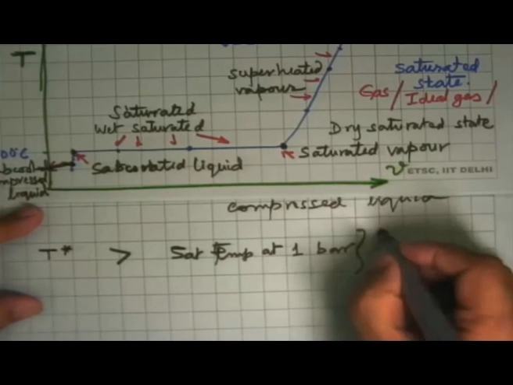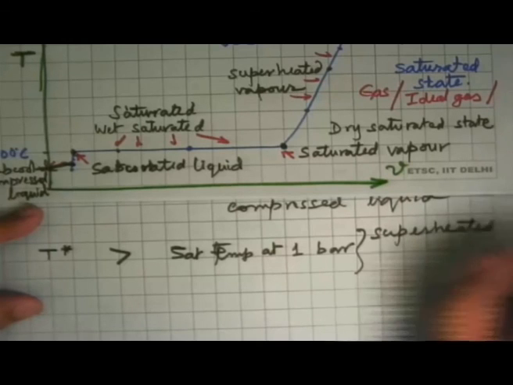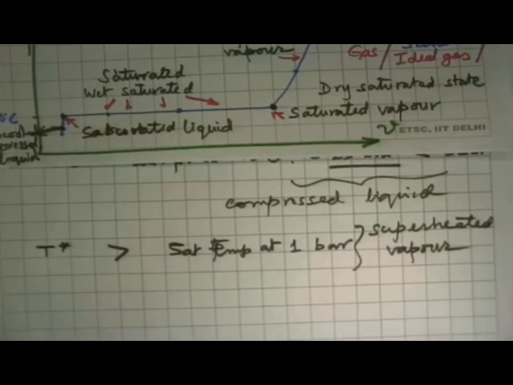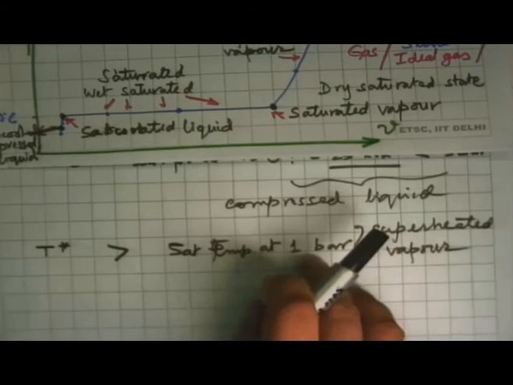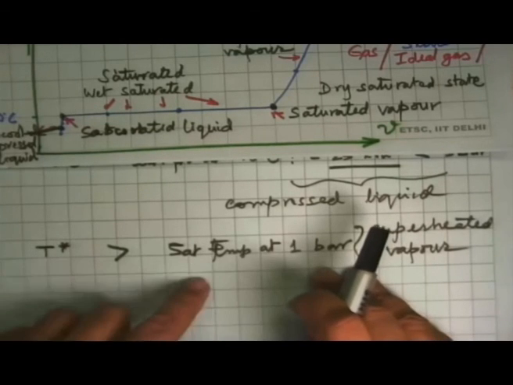This tells us that this is a superheated vapor. So it's a very simple thing that if someone says I have vapor at 1 bar and 200 degrees Celsius, tell me what is the state, then you would say, look, 1 bar, the saturation temperature is 100 degrees Celsius, the vapor that you have is 200 degrees Celsius, the superheated state. So it's the superheated vapor. This is the way to find that out.